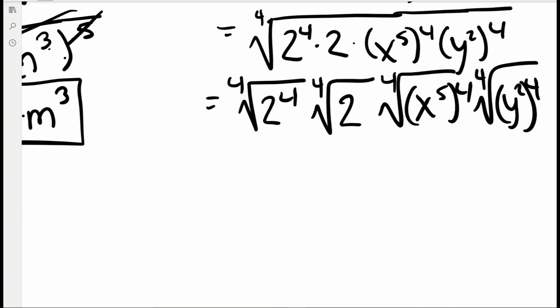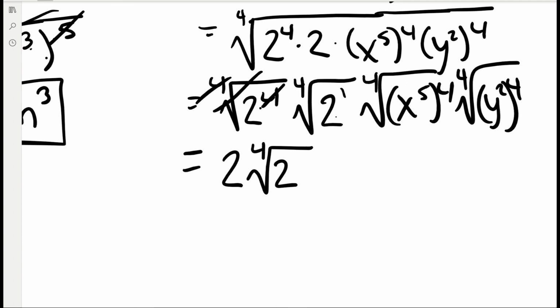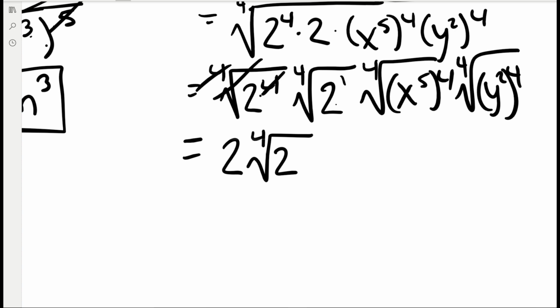So now these simply cancel nicely. So the radical cancels, leaving me with 2. Now this does not cancel because this is a 1, right? And there's nothing else I can do here. So I'm just going to leave this as the 4th root of 2. There's nothing wrong with leaving it as a radical. It just means that you have a decimal. So there's nothing I can do there.